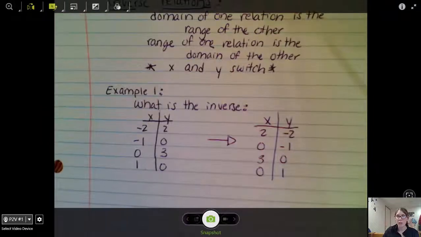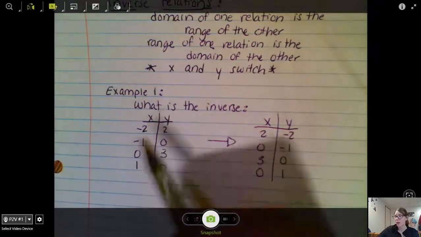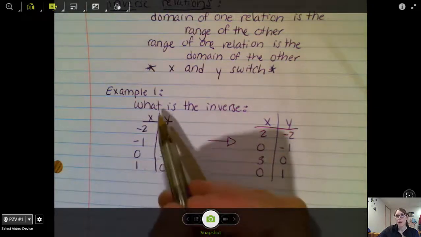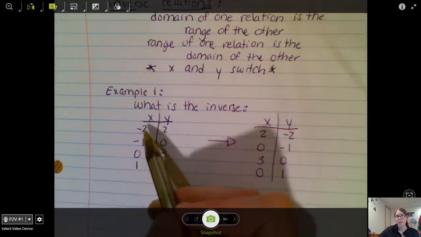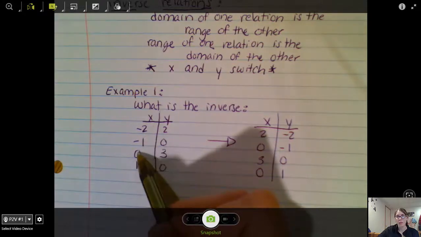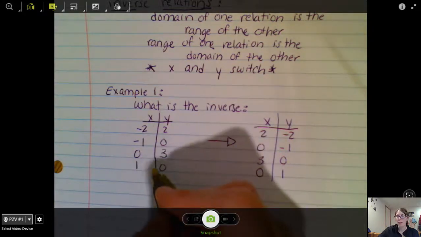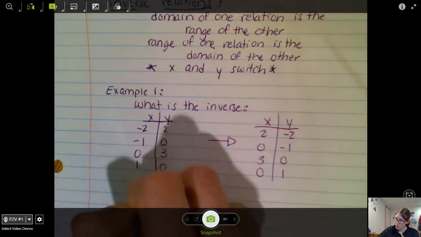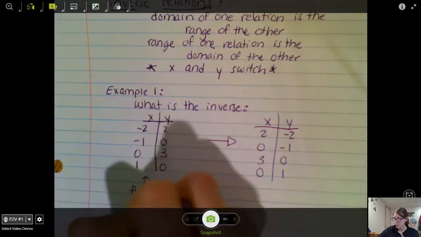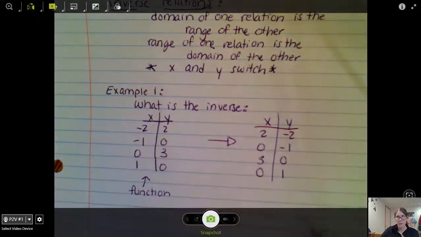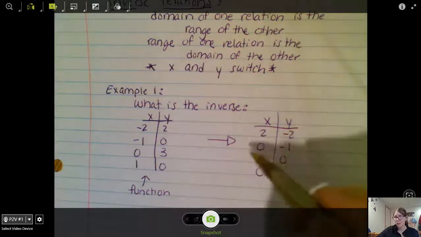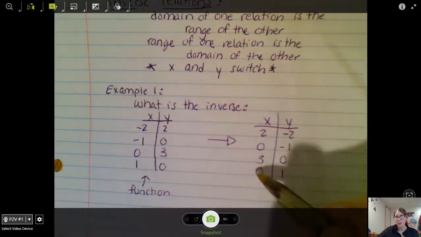Now, one other thing to note, inverses aren't always functions of each other. If I look at my original relation here, each x value goes to only one y value. So I'm going to note here that this is a function. But let's look over here. Each x value, 0 is there twice.